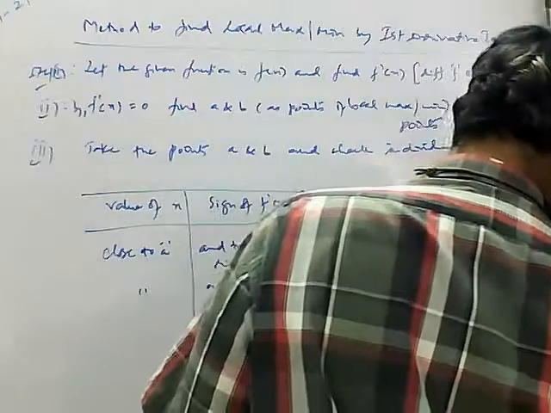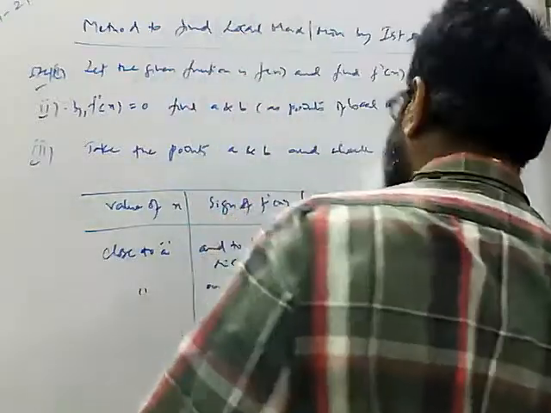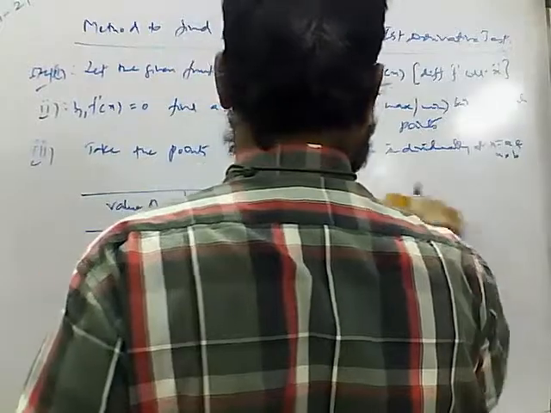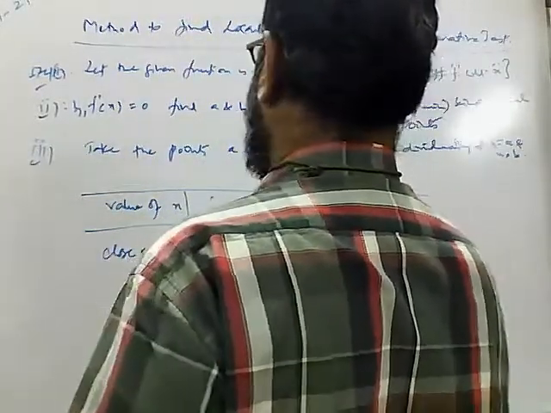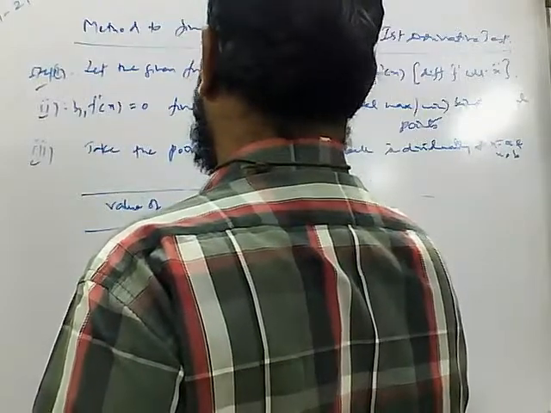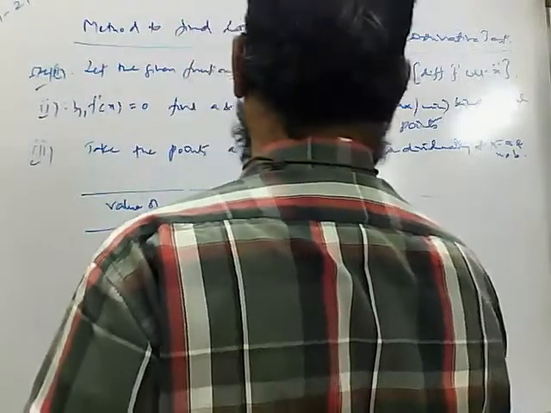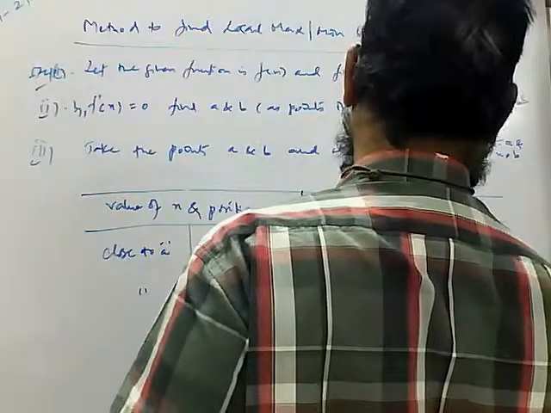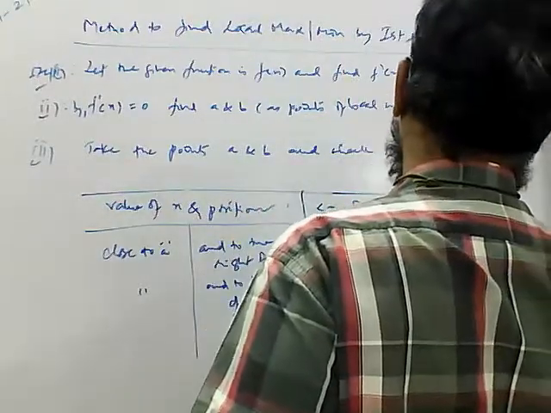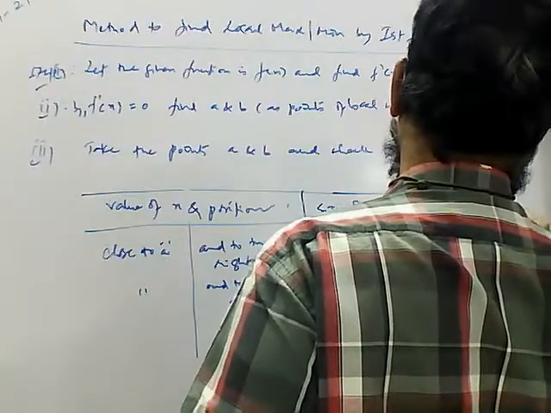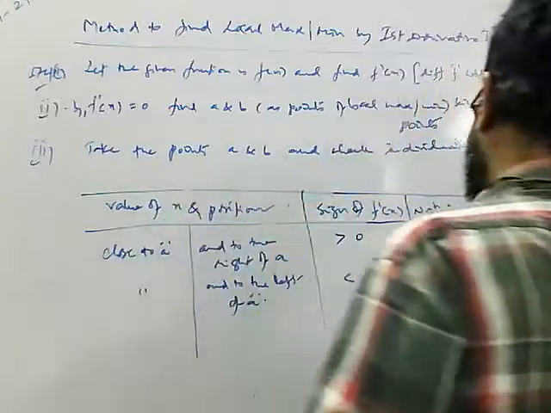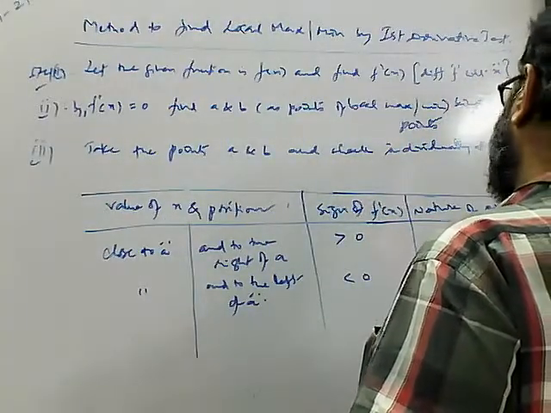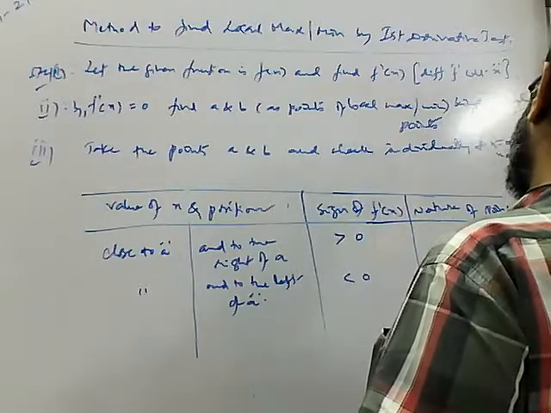Now the sign of f dash x changes here. Sign of f dash x, nature of point: local maxima, local minima. Yes. Next.